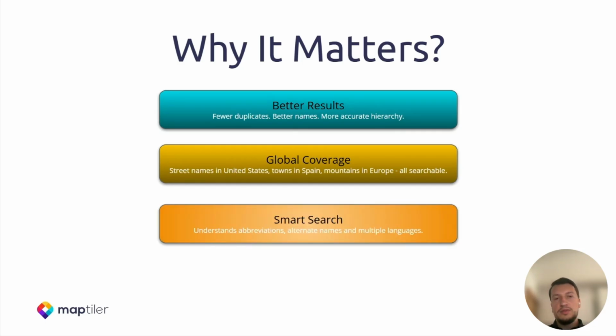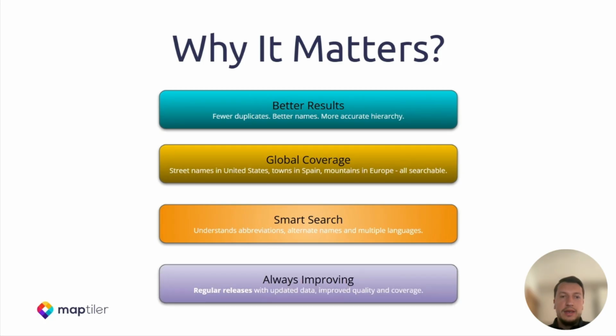By smart search, we don't care if you provide an abbreviated form for street classifiers, for example, Ave or Avenue, you will get the same result. Alternative names are supported, as well as multiple languages. And we are always improving. We have regular releases with fresh data, with improved quality and coverage. That's me.